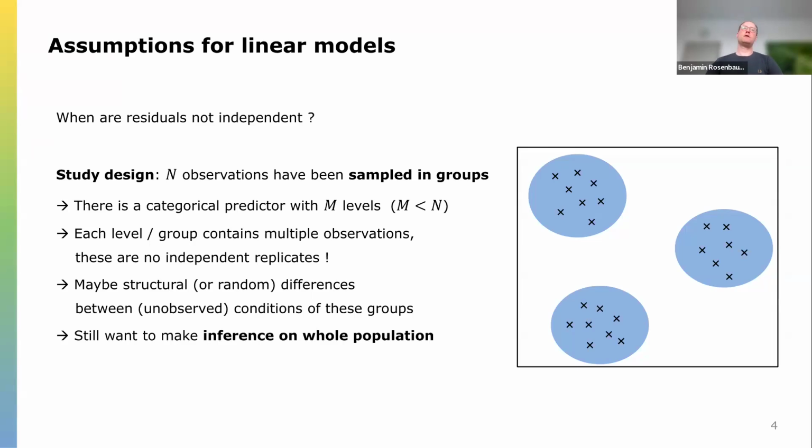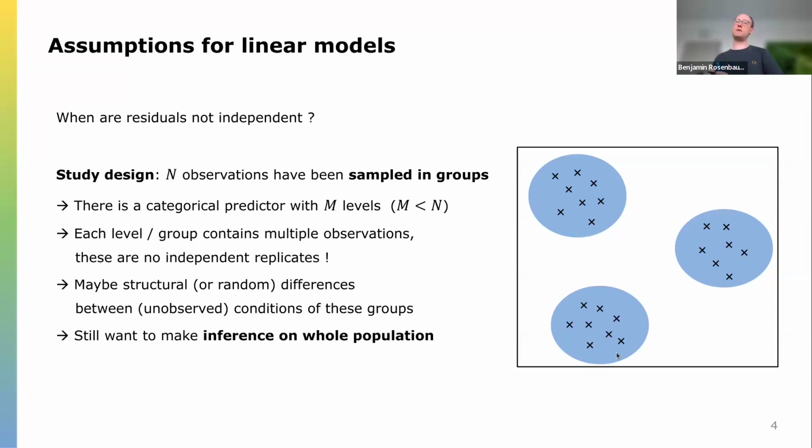If your observations have been sampled in some kind of groups, and this means there is a categorical predictor with m levels, for instance here 3 levels, and each of these contains multiple observations, then these observations in this level here are not independent, right?